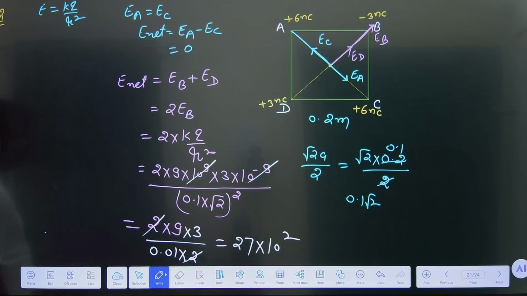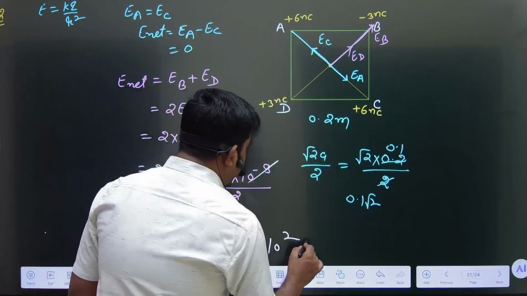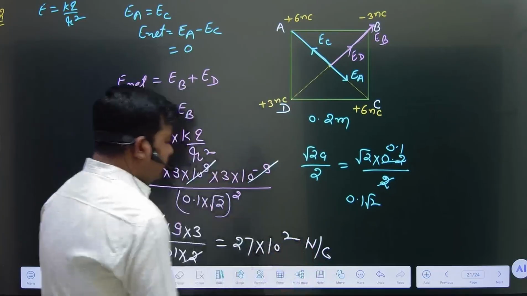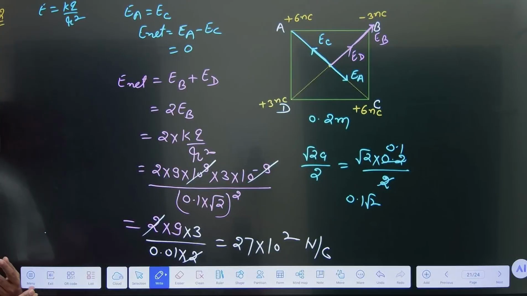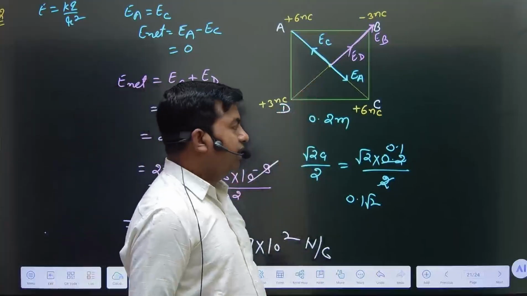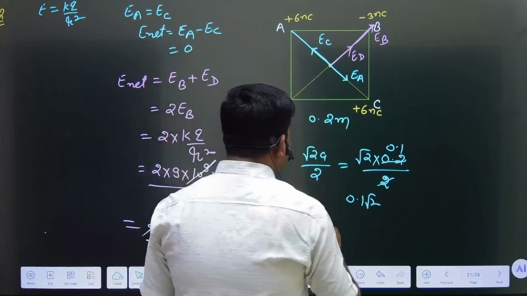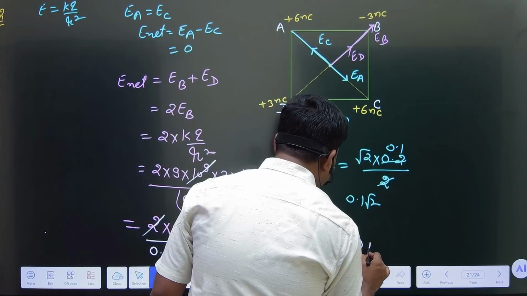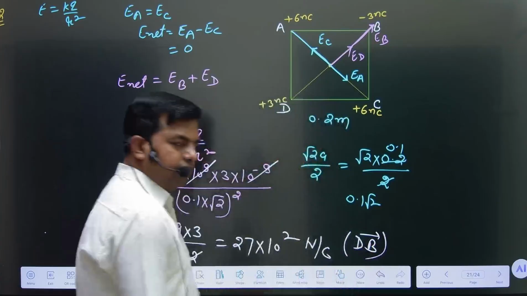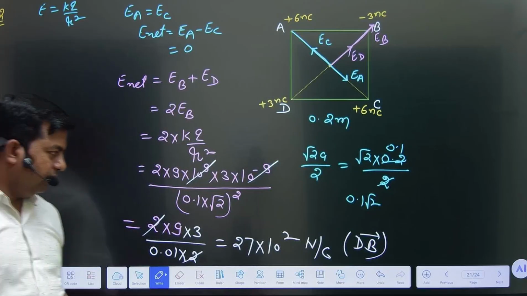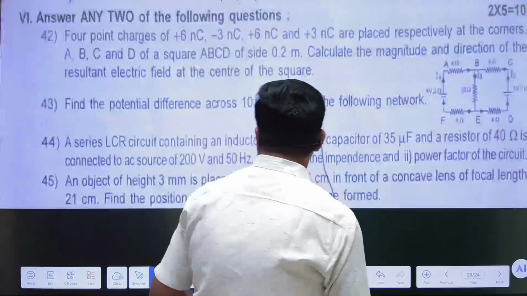So 27 into 10 to the power 2 Newton per coulomb. This is the resultant electric field intensity at this center, and the direction is along the DB vector. Clear to you? Okay, we move on to the next question.